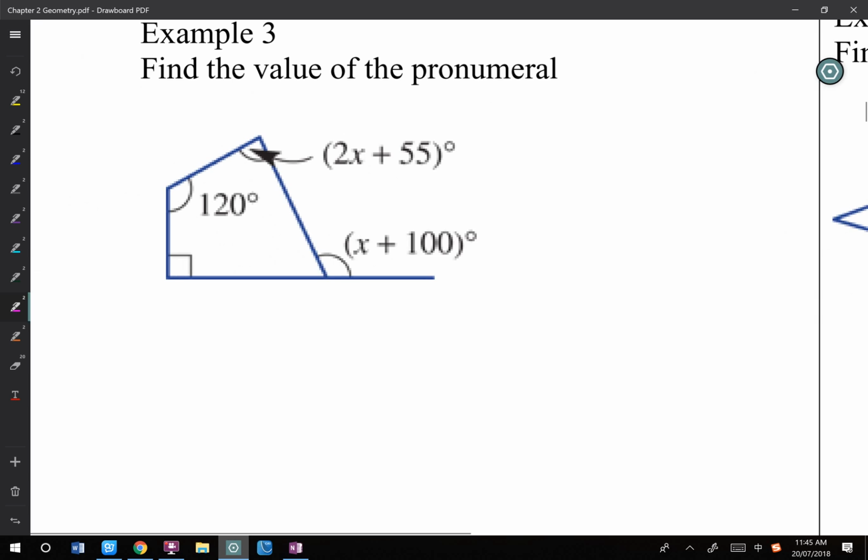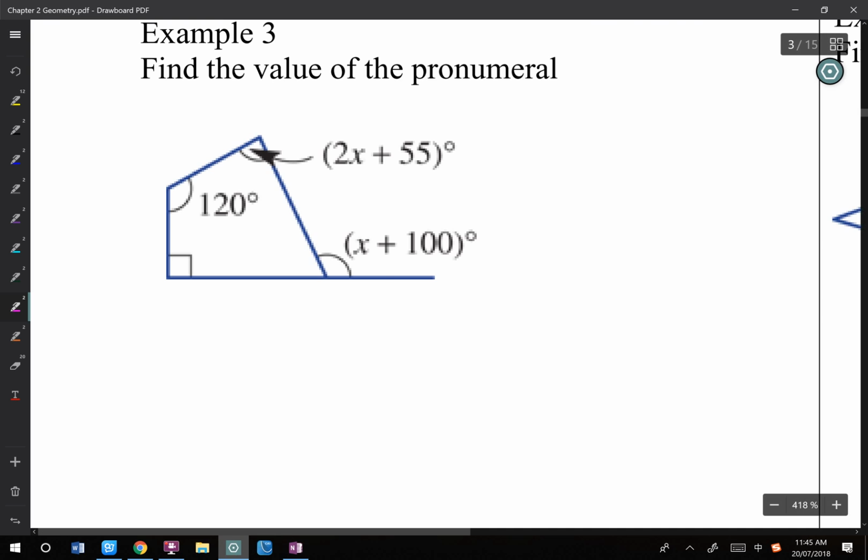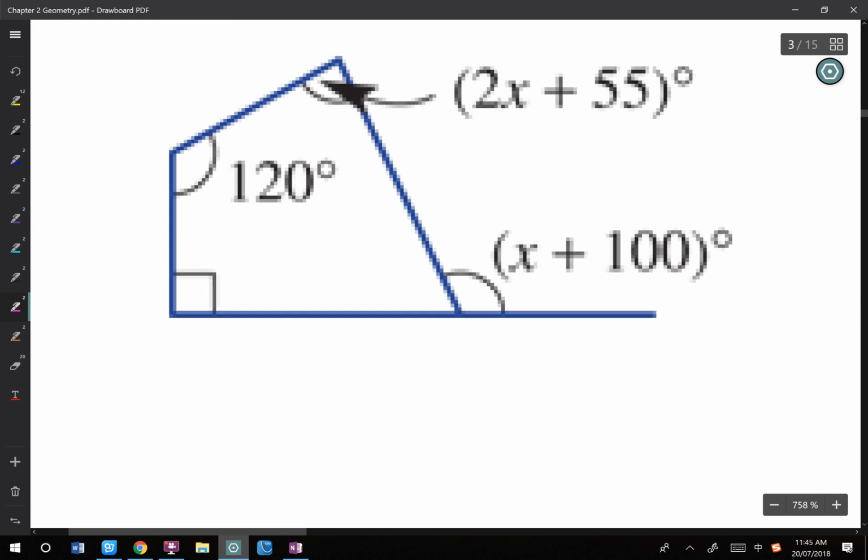Okay, let's have a look at this. Find the value of x. Find the angle for x. This shape here is a quadrilateral with 4 sides, if you ignore that one.